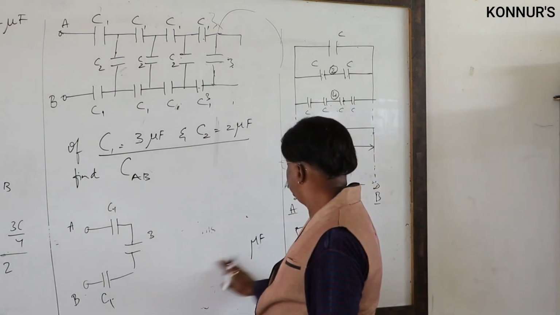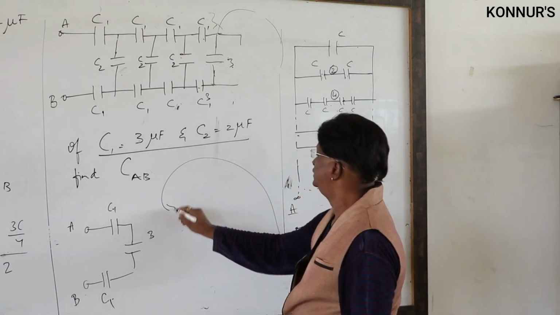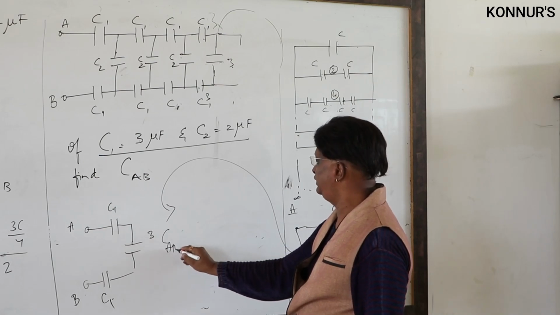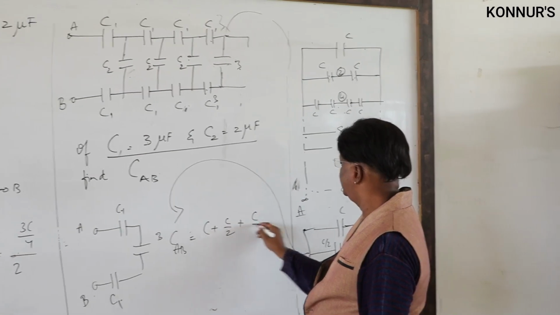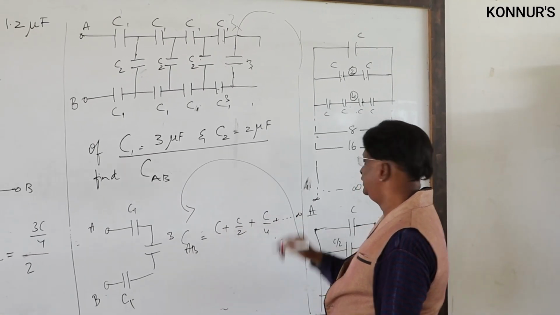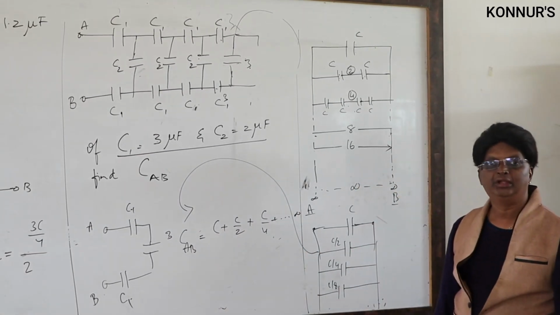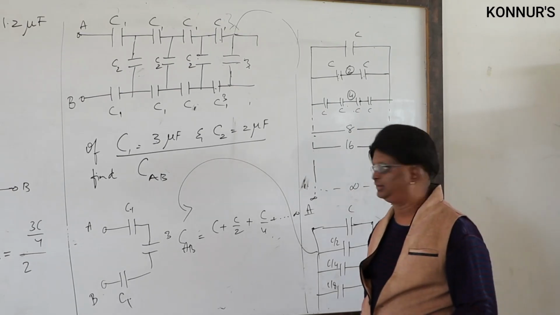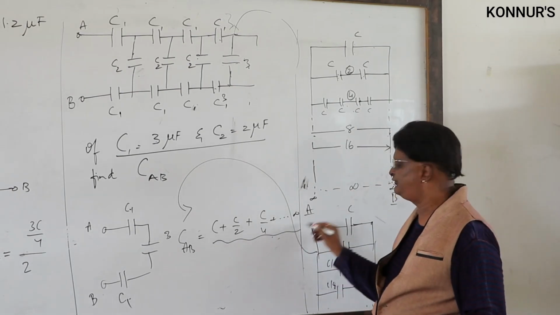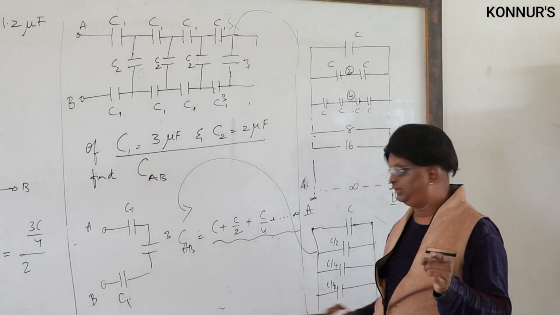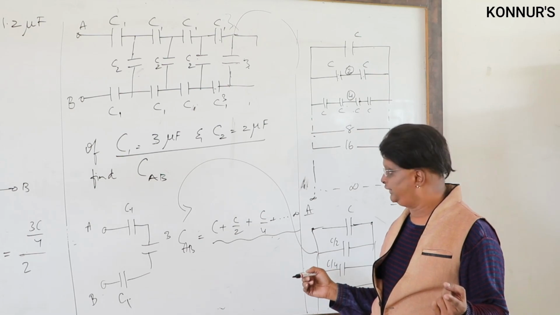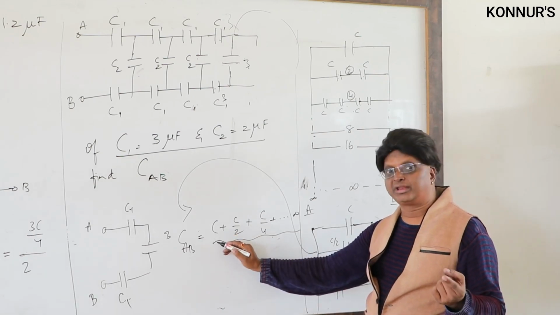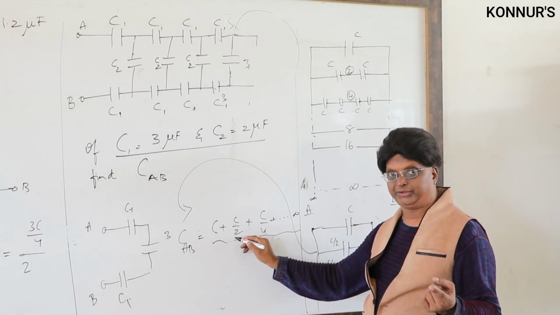So what will be the effective, here I am writing, C across AB is equal to C plus C by 2 plus C by 4 plus so on, infinite. Your high school mathematical skills will tell you that this is an infinite summation in which the terms are in GP. You can see that, right? In GP, what is that common ratio? 1 by 2.